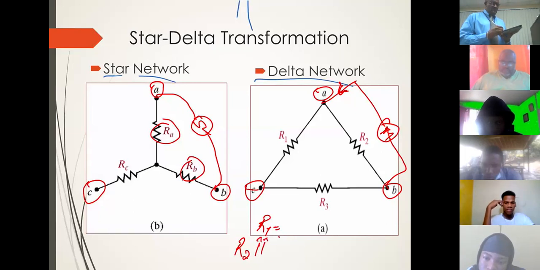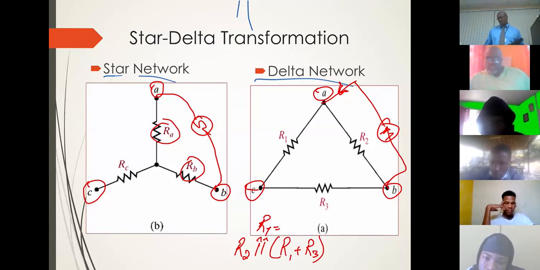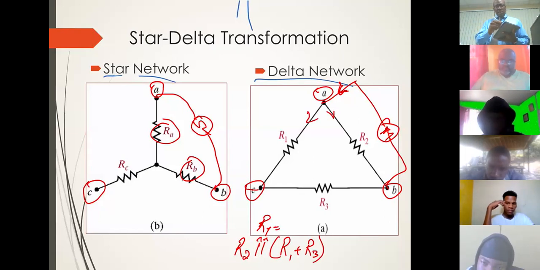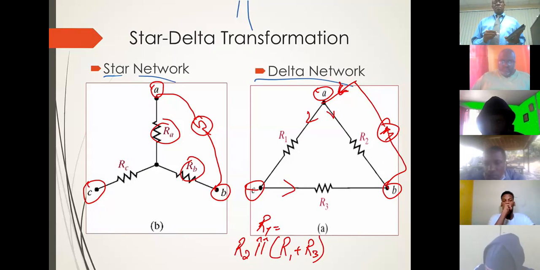So it's R2 in parallel with R1 in series with R3. Is there anybody who doesn't see that? Who's unclear about that? All right. So the current that comes here will divide between R2 and the rest of the circuit. The rest of the circuit consists of R1 in series with R3.